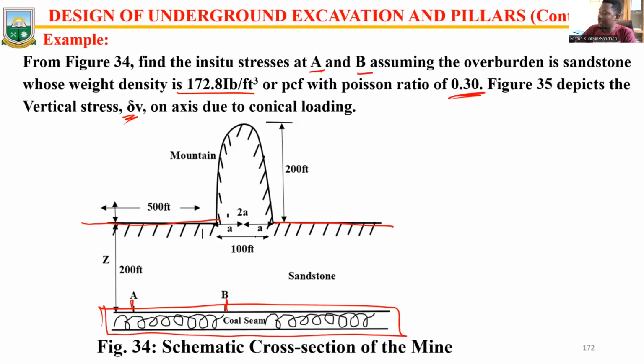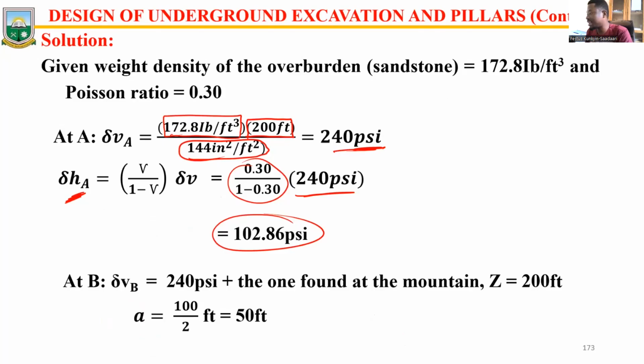If there were to be a pillar at A, that is the amount of pre-stress it is going to bear or carry. Then where the problem is, is B. Because of the mountain, we have to calculate the stress at the 240.